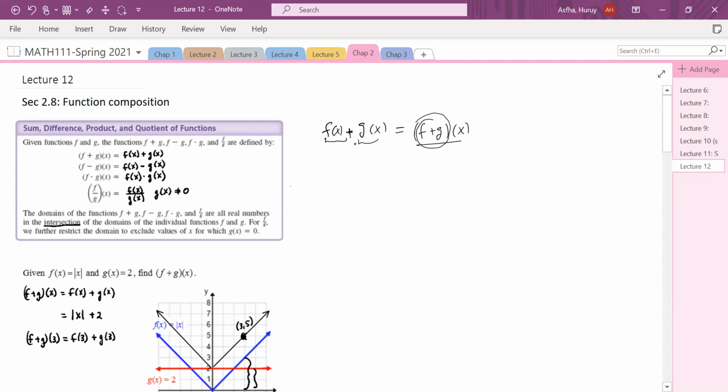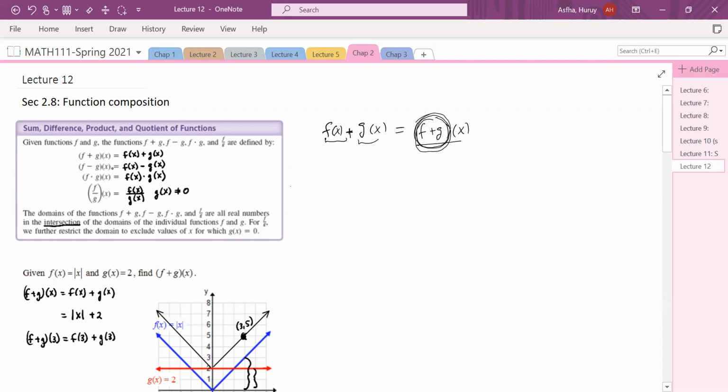When you evaluate the sum of the two functions after you add them at x, that's the same as evaluating the two individual functions at x and then summing them up. That will give you the same result.